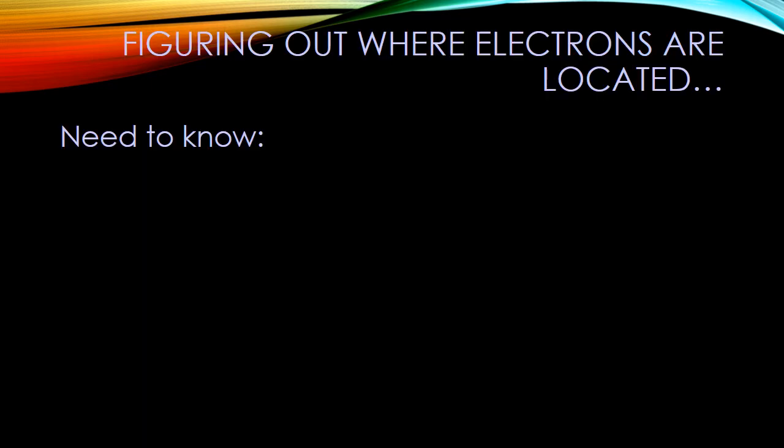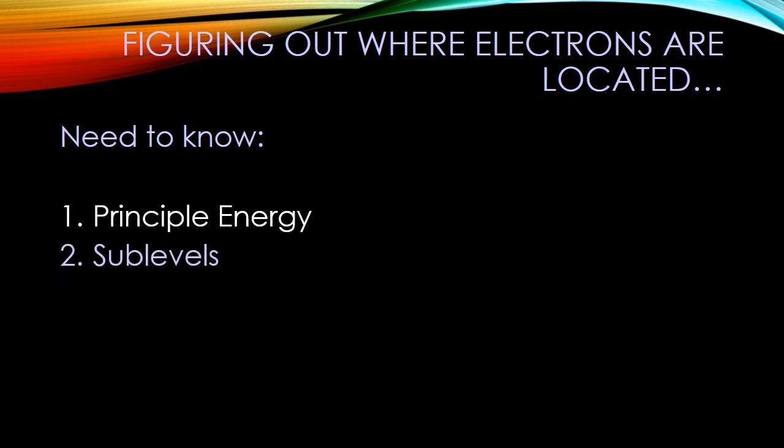If you recall, we're trying to figure out where each individual electron is located. That's what we're trying to do, really. So we need to know the principal energy levels. Just covered that. We needed to know the sublevels. Remember what those are?